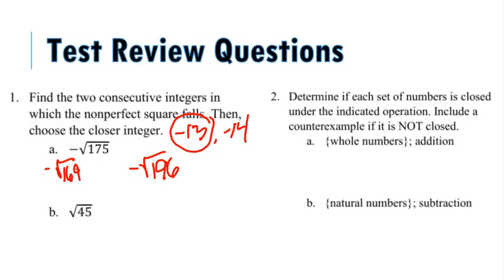Next one is the square root of 45. So the perfect square before 45 would be the square root of 36. And then the one above it would be the square root of 49.